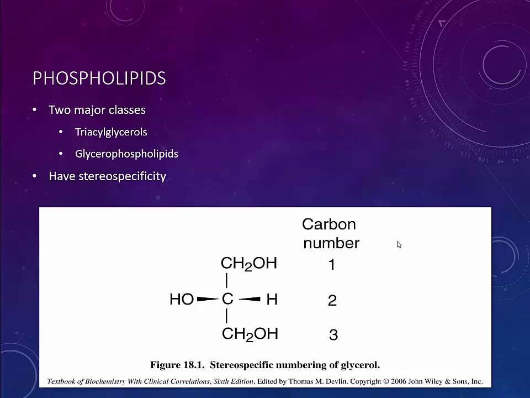In a triacylglyceride, you'll remember all three of these hydroxyl groups are substituted with fatty acyl, and that's why the triacylglyceride is not soluble in water, or at least not terribly soluble in water. Phospholipids, on the other hand, are going to have two of these substituted by fatty acyls, and the third will be substituted with a phosphate group, and that phosphate group could be further substituted with other moieties such as sugars. That would be glycosylation.